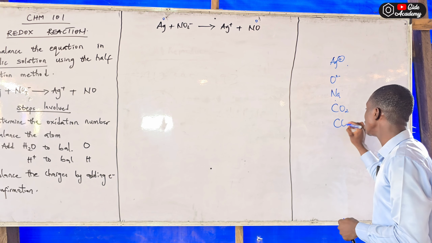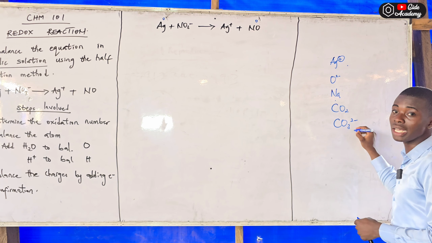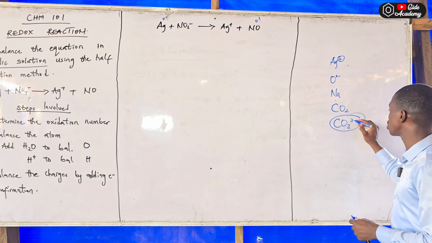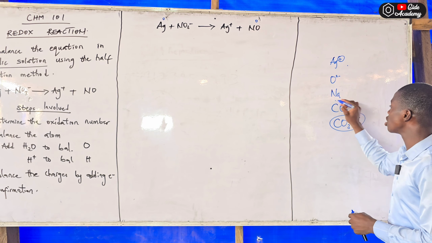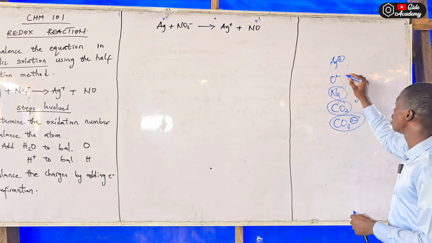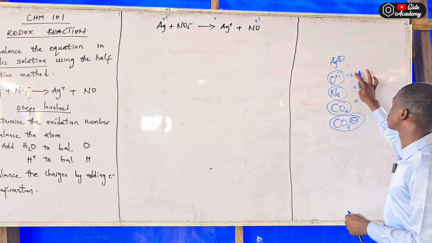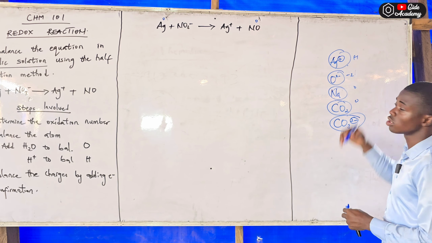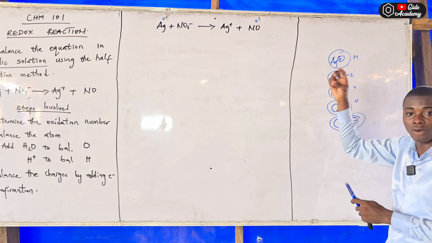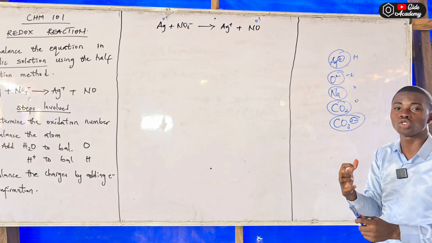If you see CO3 2-, this is a radical. So please take note. And the oxidation number of this radical is -2. The oxidation number of this compound here is 0. The oxidation number of this element here is 0. Here is 2- or -2. While here is what? Is +1. So please take note of the oxidation number of elements, of radical, of ion, and neutral compound.